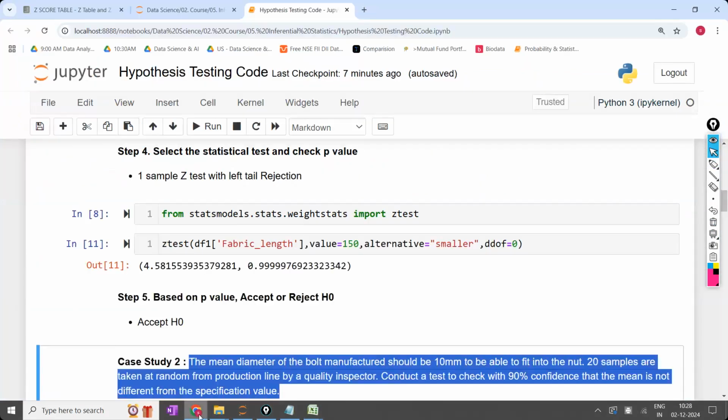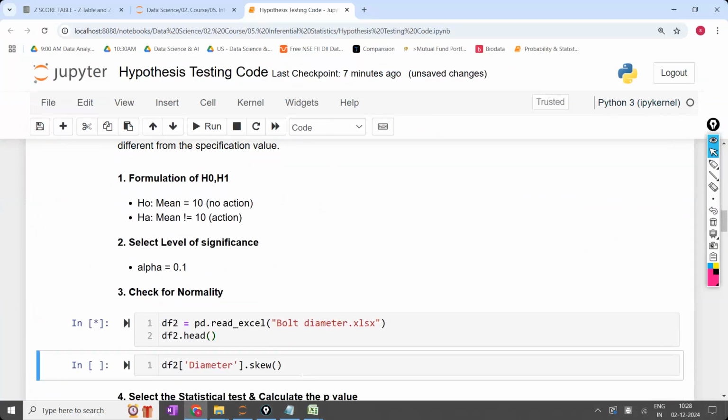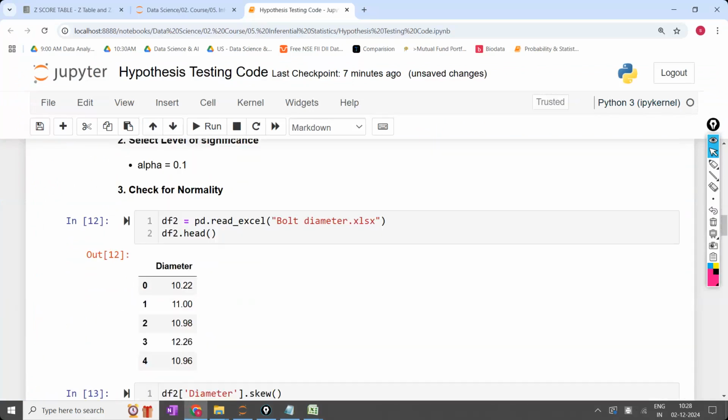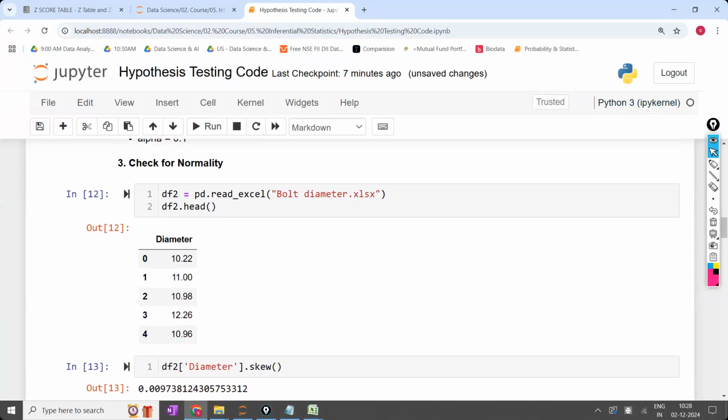So the same thing I'm doing here. First, I'm going to load the data. After loading the data, I'm checking the skewness, and the skewness I have got is 0.009. Whether it is normally distributed or left or right skewed, it is normally distributed. Done. Next, step 4.